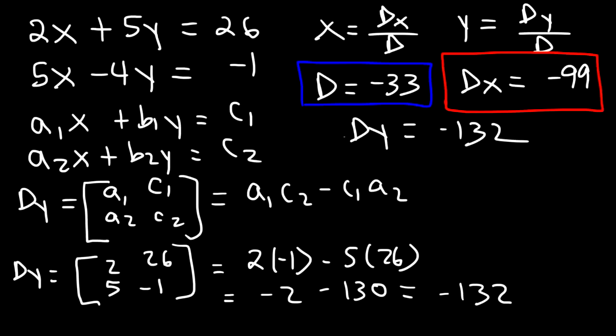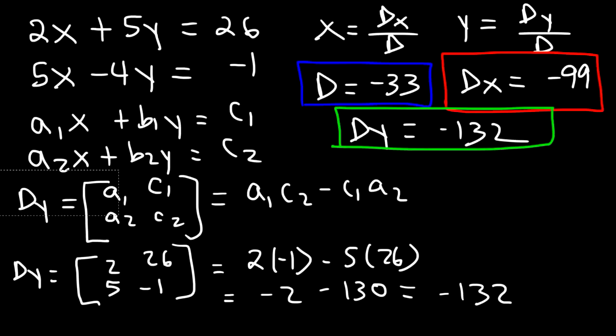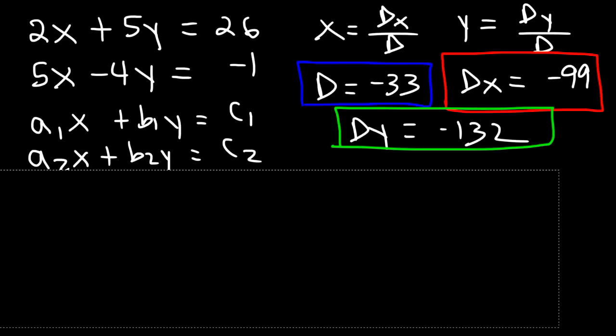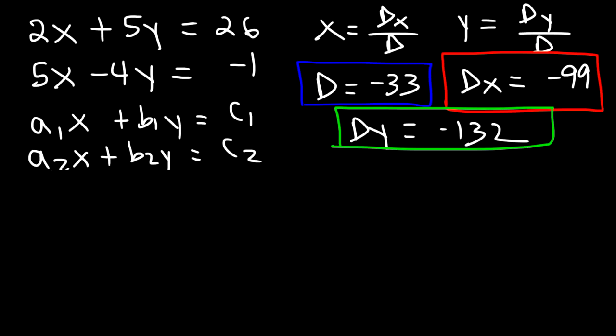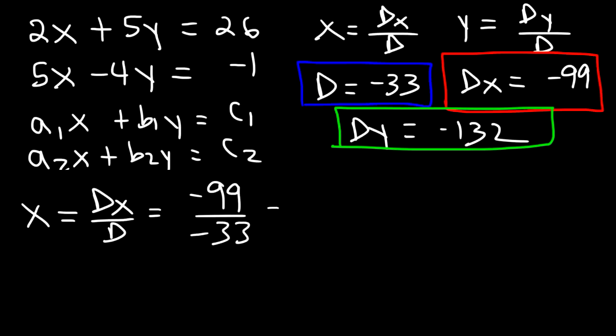Now once you have d, dx, and dy, you have everything that you need in order to calculate x and y. So x is simply dx divided by d. So that's negative 99 divided by negative 33. So therefore, that's equal to 3.